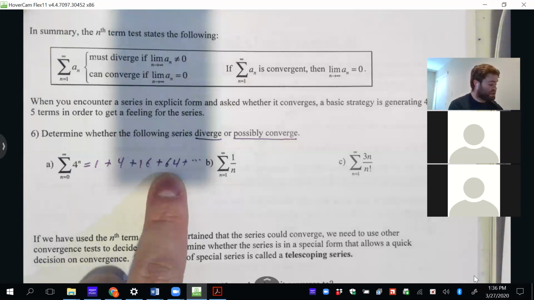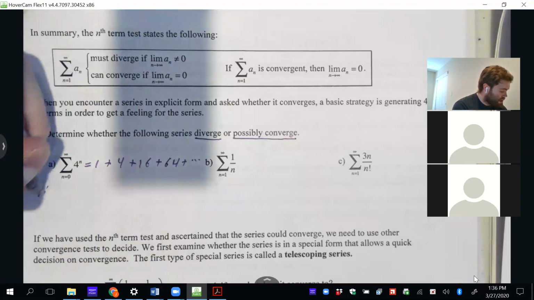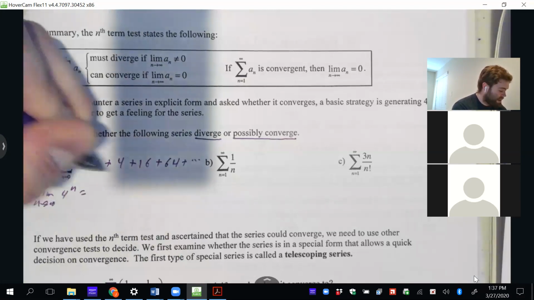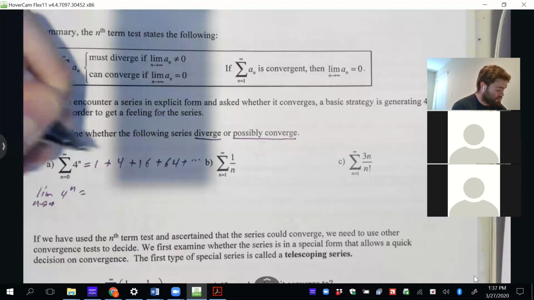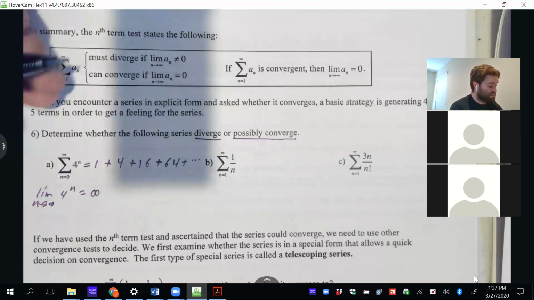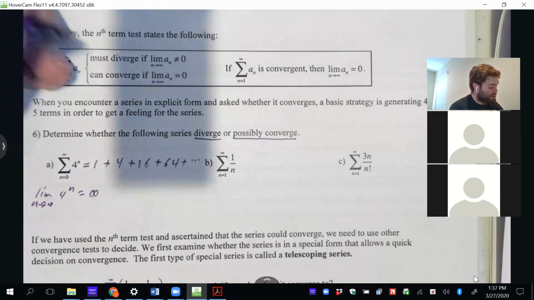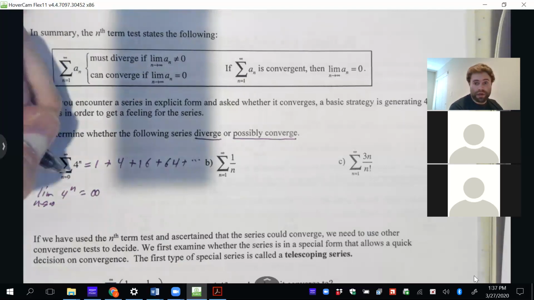But using the Nth Term Test, the limit as n approaches infinity of 4 to the n power is infinity. And since that is infinity and not 0, the sum diverges by the Nth Term Test.